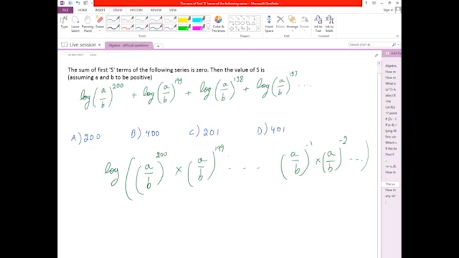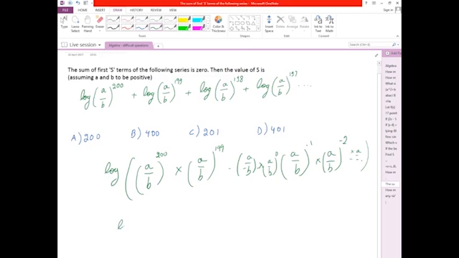And when will that happen? So (a/b) will get cancelled by (a/b)^-1. (a/b)^199 will get cancelled by (a/b)^-199. (a/b)^200 will get cancelled by (a/b)^-200. And what will remain is (a/b)^0, which is equal to 1.